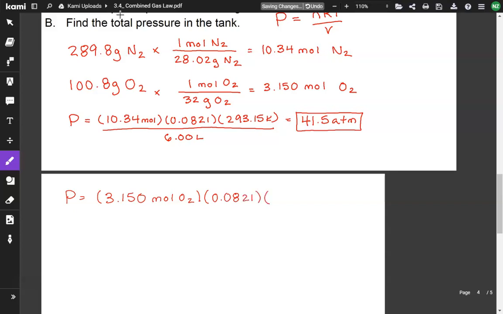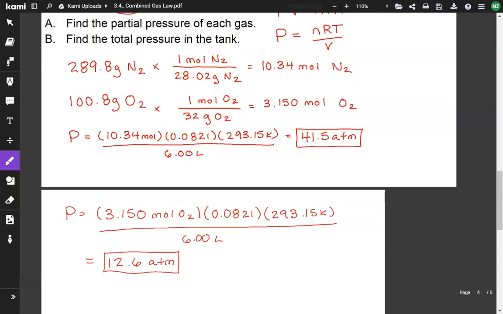We're going to use the same temperature because they're both in that scuba tank at the same temperature. And that's going to be over our volume, 6 liters. We end up with a pressure of 12.6 atmospheres. So that answers the first part of our question here.